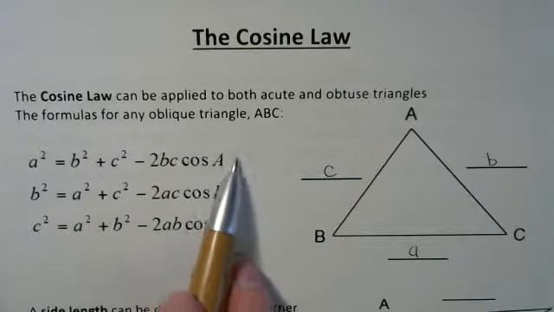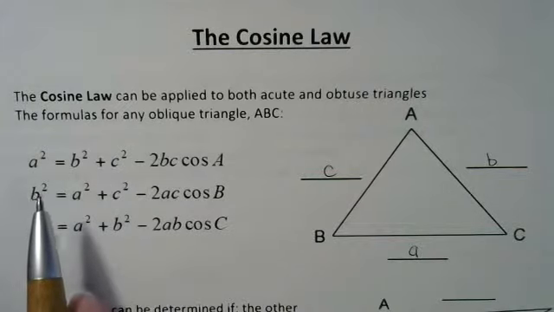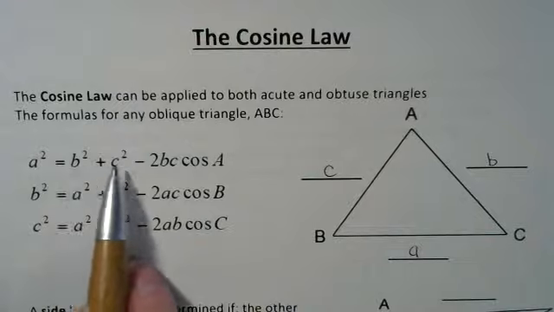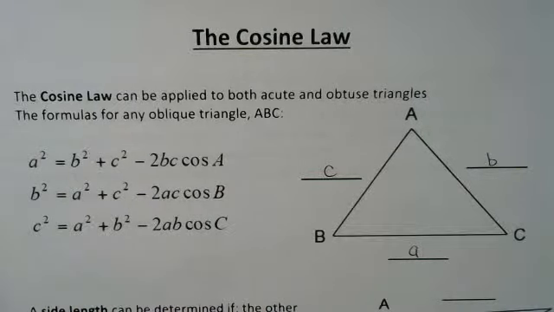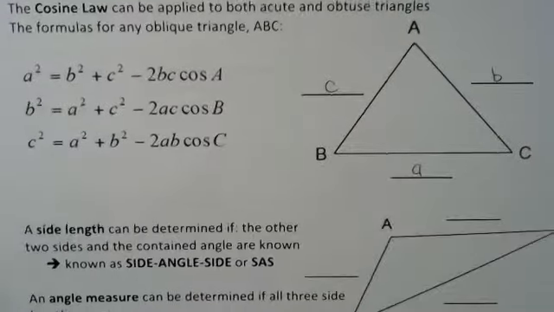Basically, if we're looking for this angle and we have the other three side lengths, we can find it. Or if we're looking for a side length and we have the two other side lengths and the angle across from it, we can use this to find it. This is one more piece to our being able to solve triangles puzzle.